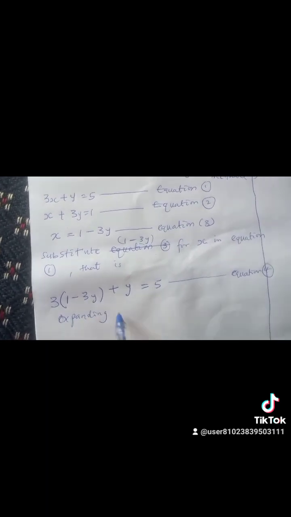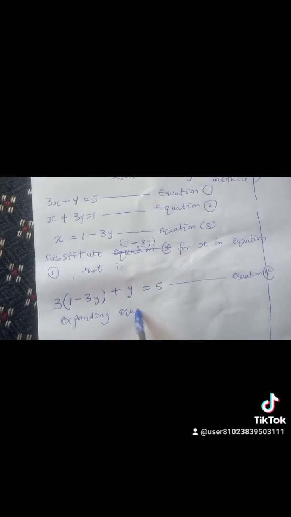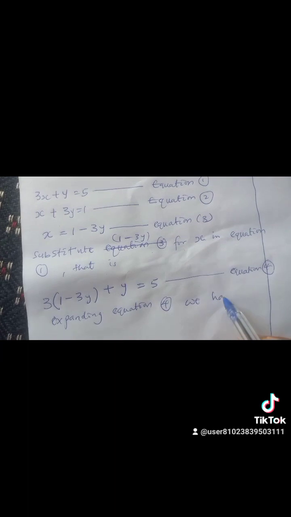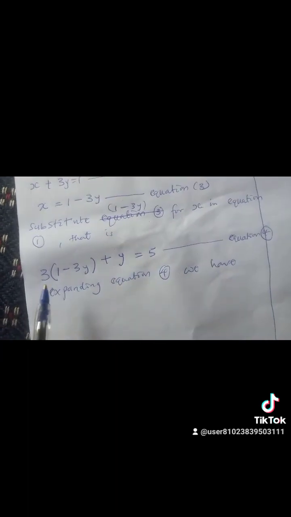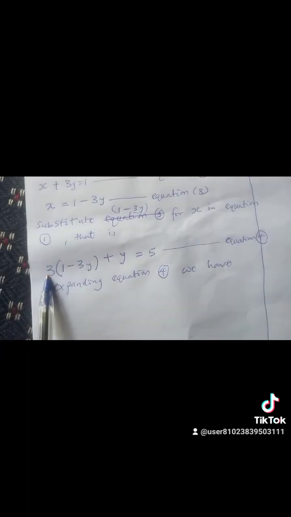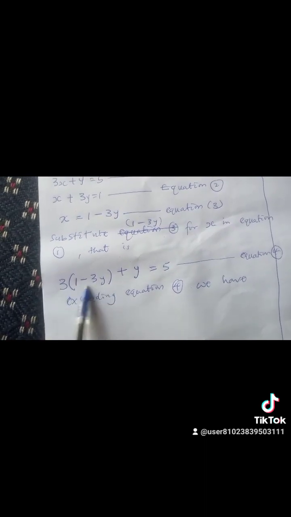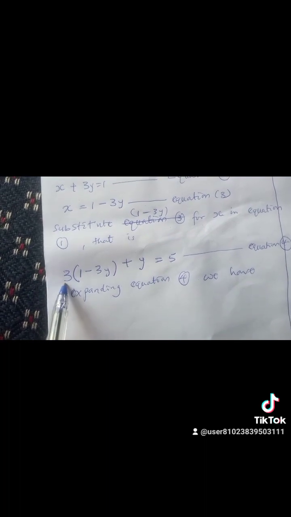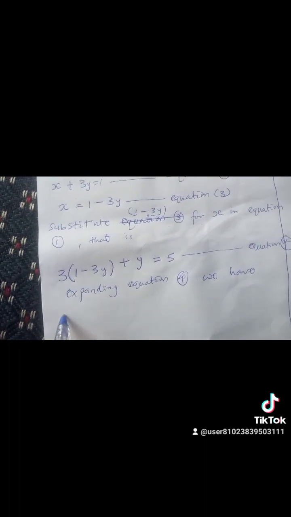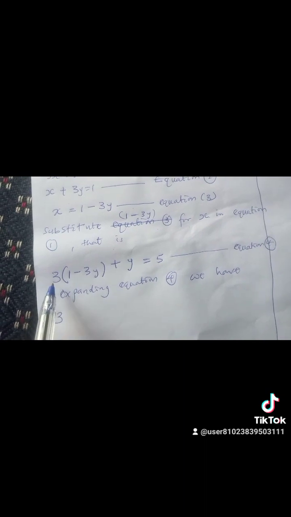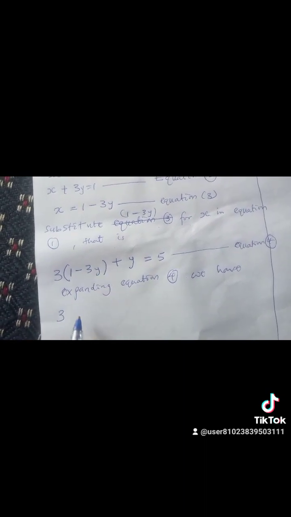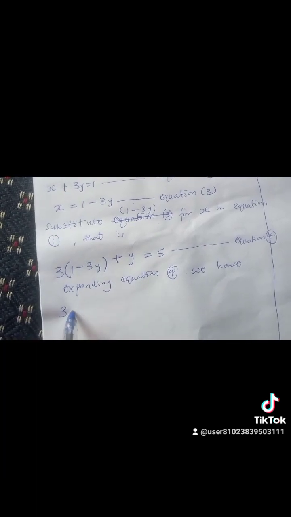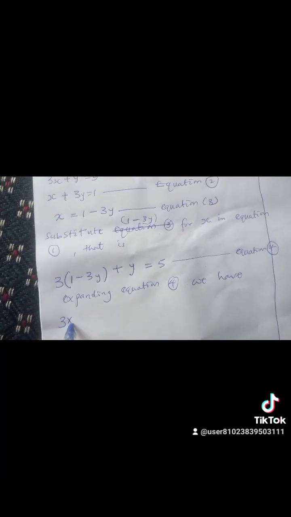Expanding equation 4. How do we expand? We're going to use this number here, 3, and multiply whatever we have in this bracket. Follow me. We go 3 times 1 is 3. We also use this 3 and multiply this minus 3y.